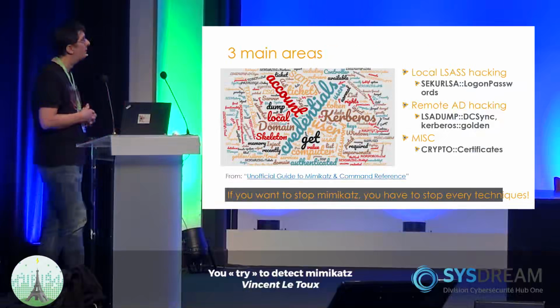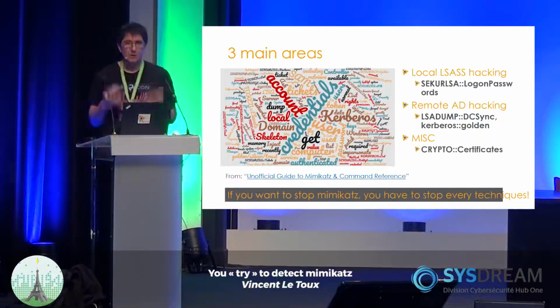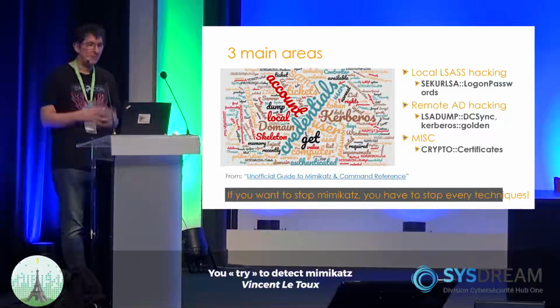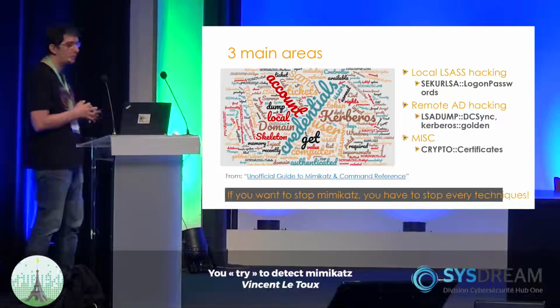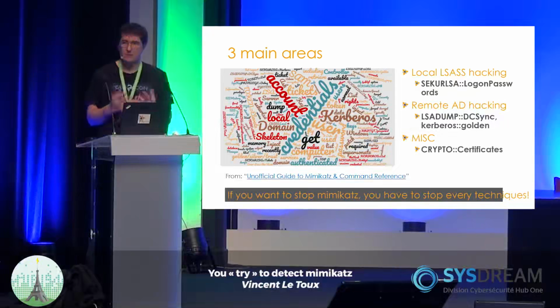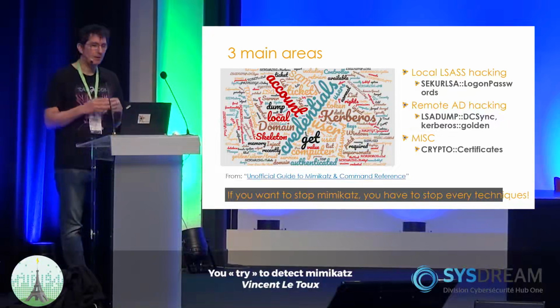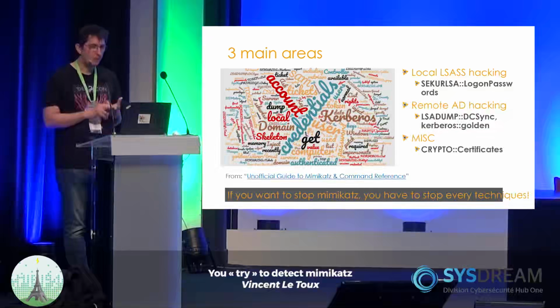I've built a word cloud based on the unofficial mimikatz documentation, because the official documentation is the code, huh, Benjamin? Based on this word cloud, you can see that it's speaking about credentials, Kerberos, etc. But it's maybe too complex, so I will simplify it. I think there are three different areas. The first one is to extract passwords from memory, the famous module sekurlsa::logonpasswords. The second area is about hacking the Active Directory remotely.